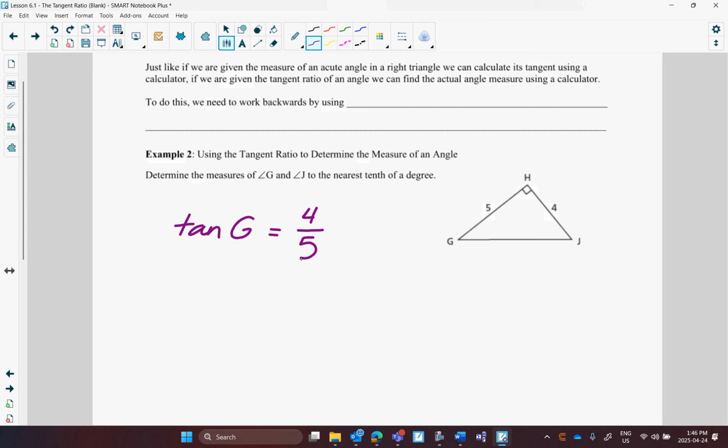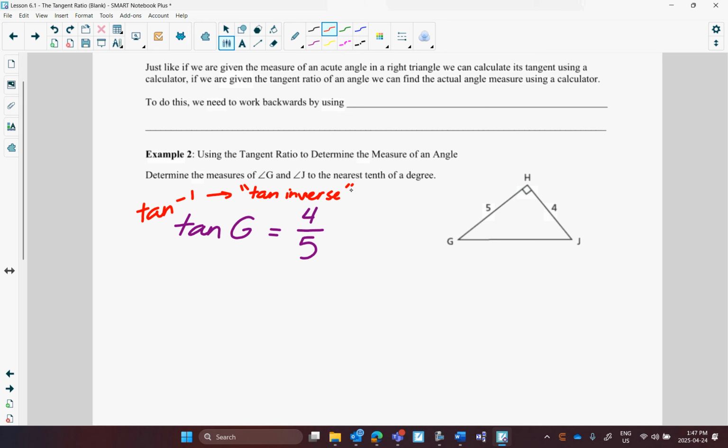To cancel out a tan, we use a little function called tan inverse. Now I know it looks like tan to the -1, but this reads tan inverse. And where do you find it on your calculator?